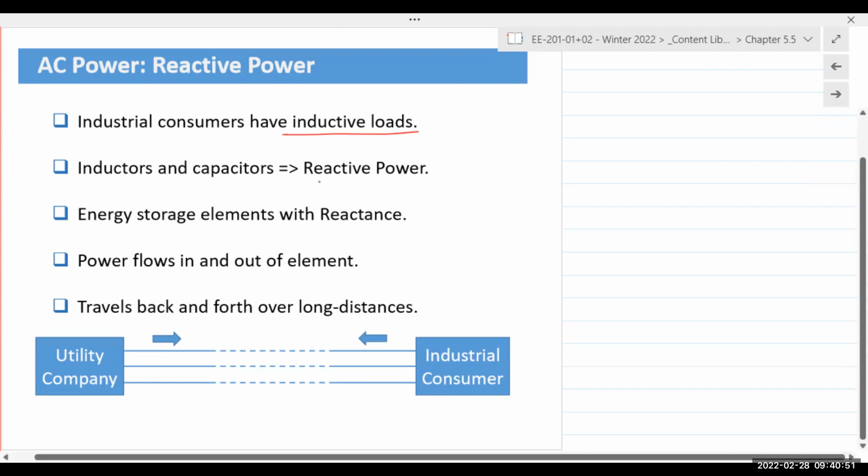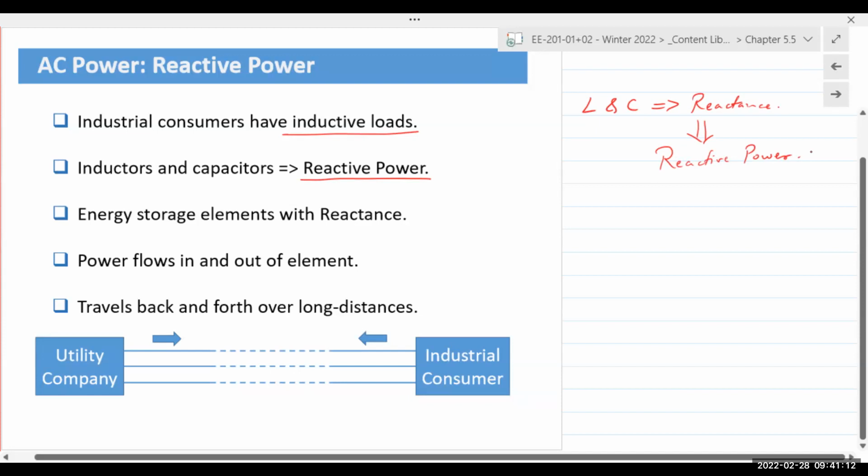And the reason is that power for L and C has to do with the reactance. So the power associated with the reactance is termed reactive power.